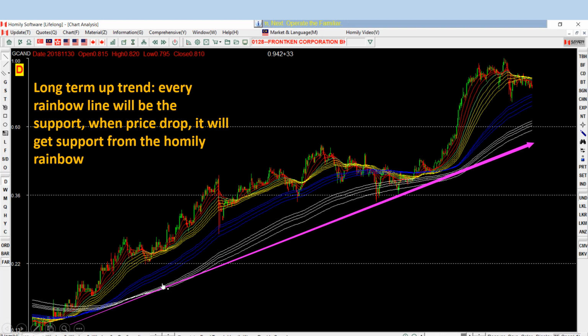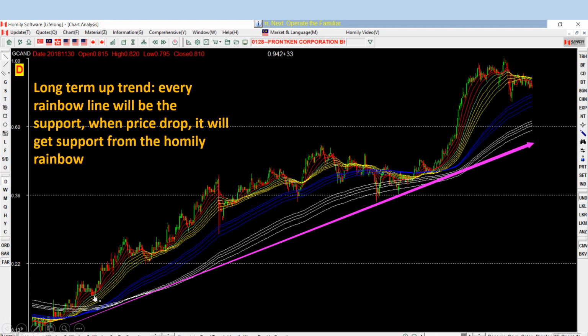And for the long-term uptrend, every homogeneous rainbow line will be the support level. So you can see for this counter, the price just pulled back to the green line. For the short-term trader, you must notice this point.